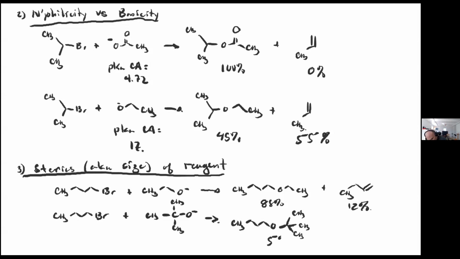This is about 5%, and the elimination product is about 95%. Okay. And so what's going on here? It's a primary substrate, so displacements should be good, but I'm going to an extreme with my reagent. I'm making it as big as I can possibly be at the alpha carbon.